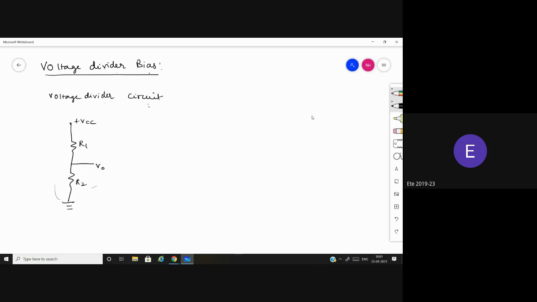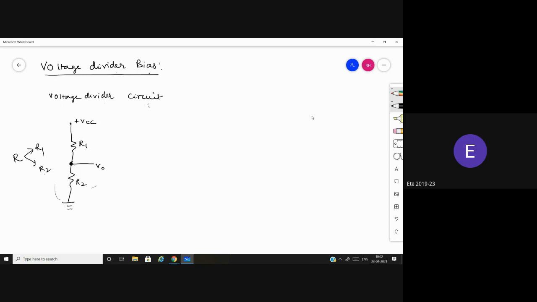The main advantage of the voltage divider circuit is that instead of using a single resistance, the single resistance is split into two parts, R1 and R2. By properly tuning R1 and R2, we can get a fixed voltage at this particular point. The voltage at this point will not fluctuate easily because we have two resistors.